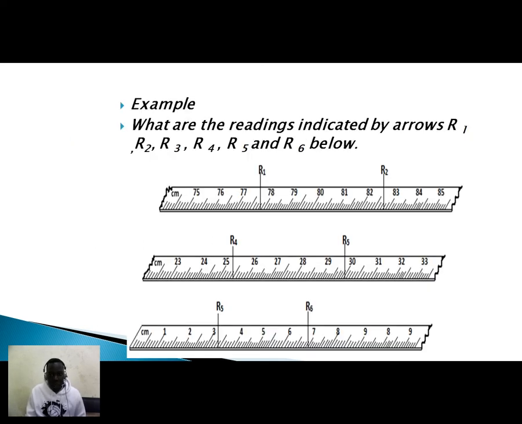So here with me, you will do it for me. We have R1. Just try to find the value of R1 here and consider the accuracy. We have R2, also consider the accuracy. R4, R5, R6 and R7. Just try to give the readings. You can zoom your screen and you are able to get those readings.